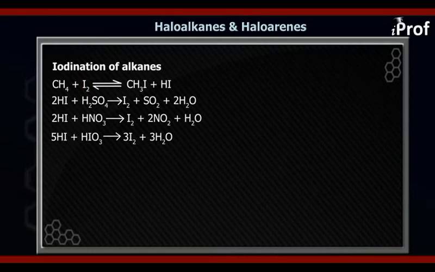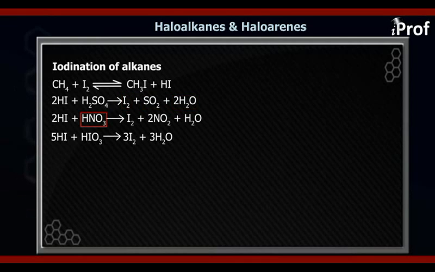Therefore, to drive this reaction in the forward direction, we carry out this reaction in the presence of an oxidizing agent, as I have told you, either H2SO4 or HNO3 or HIO3. Now if we add H2SO4, then H2SO4 reacts with HI and forms sulfur dioxide, SO2, I2 and water.